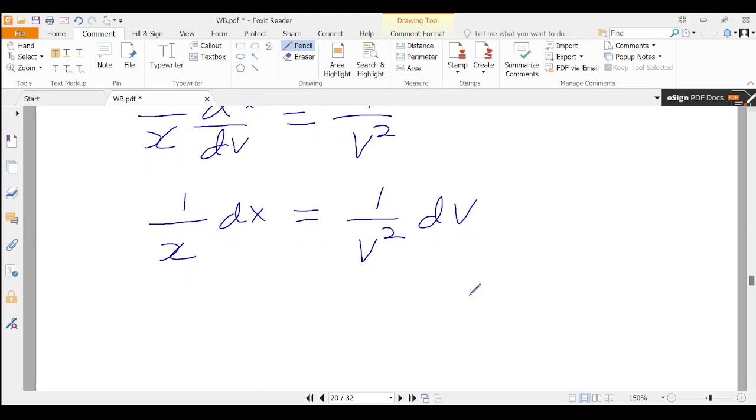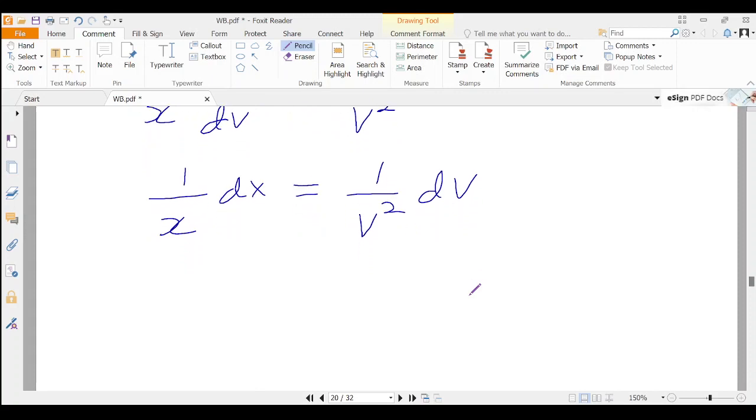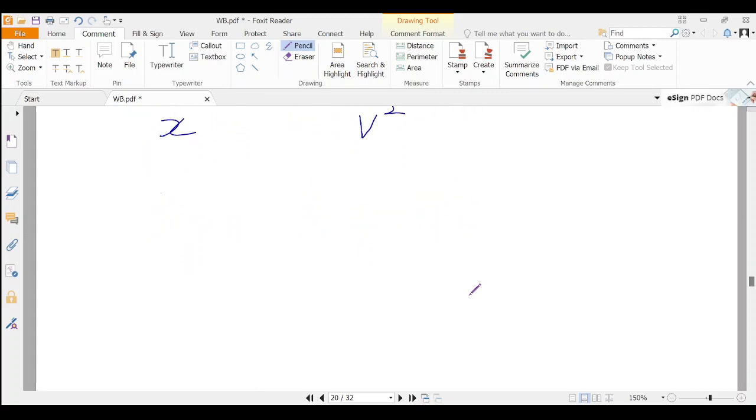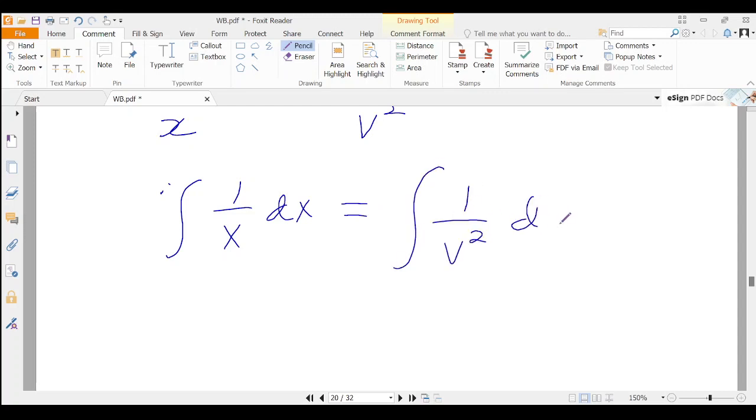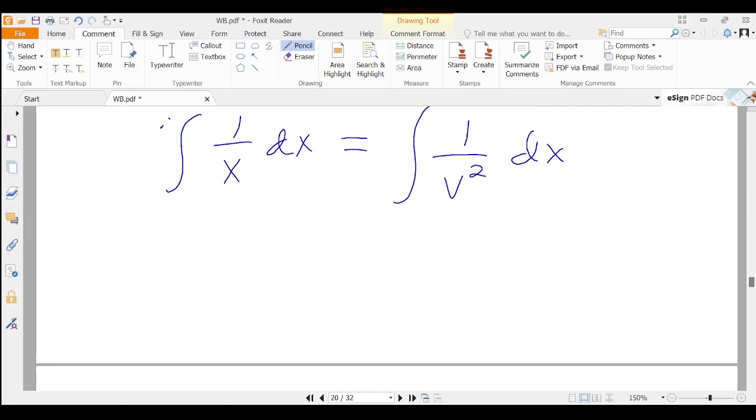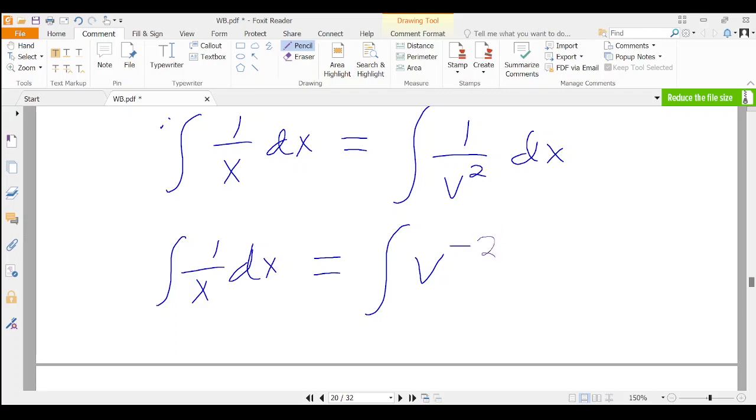So from there, we can now integrate. The left-hand side, we integrate with respect to x. So we have the integral of 1 over x with respect to x. The right-hand side, we have the integral of 1 over v squared. Notice that the right-hand side can be expressed as v to the power negative 2 dv.